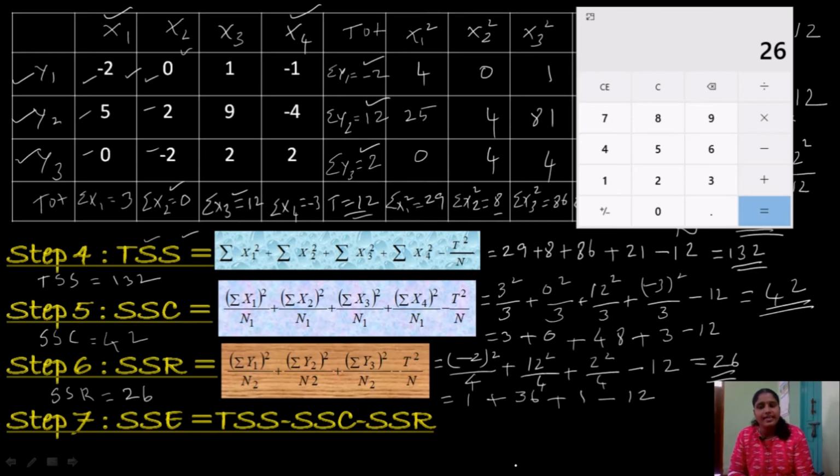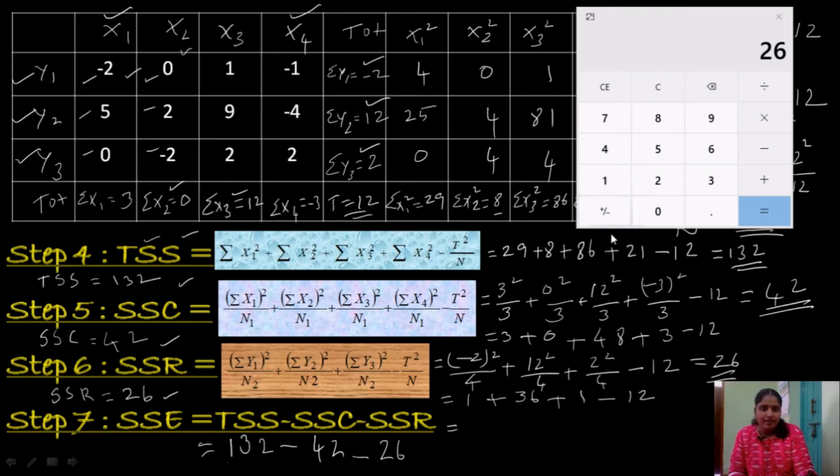The last one we calculate SSE, that is sum of squares due to error. That is calculated by making use of the formula TSS minus SSC minus SSR. So already we know all these values. TSS, that is total sum of square, is 132, minus SSC, that is 42, minus SSR, that is 26.